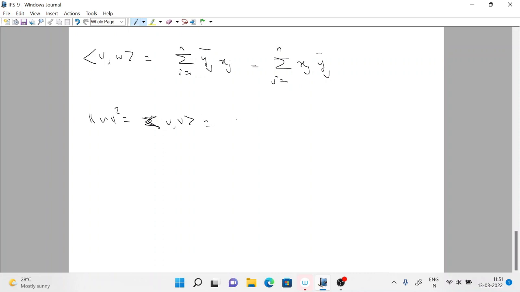Therefore, that is nothing other than summation mod xj squared, j equal to 1 to n. So this is the second observation about the use of an orthonormal basis. If I write v as a linear combination of an orthonormal basis and w also in a similar way, then the inner product turns out to be very easy. Very good. Okay.